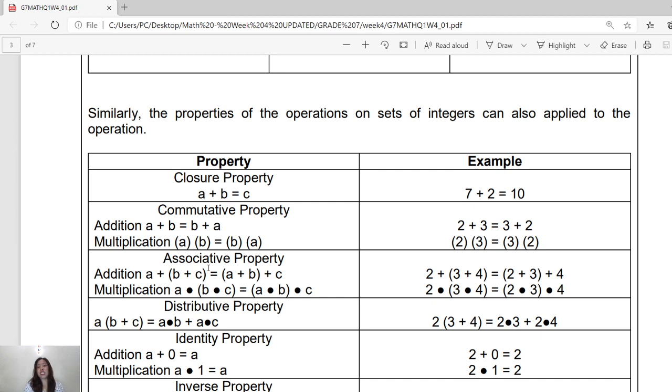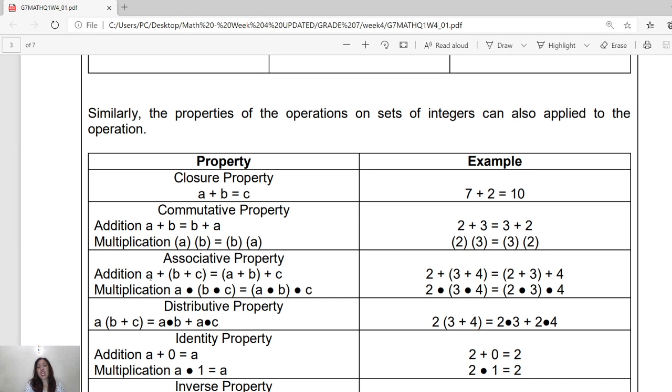the associative property. The associative property is also true for addition. This is regrouping.